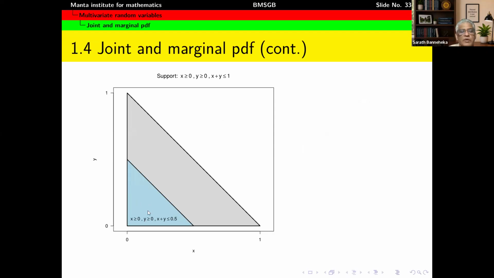So if I call this, for example, A, the probability that (X, Y) belongs to A is given by the integration of the joint density function with respect to x and y both over all points, x, y points in this area, right?